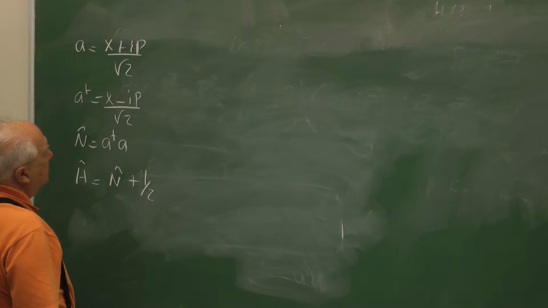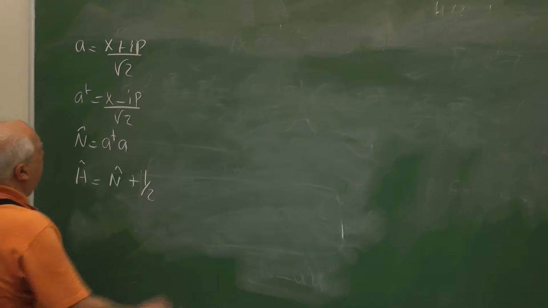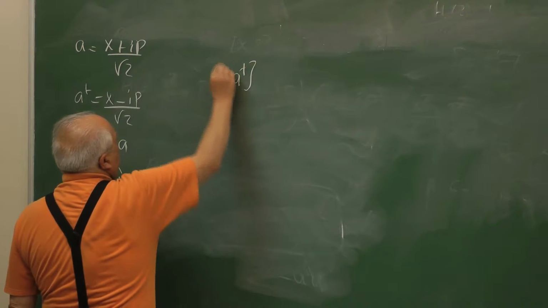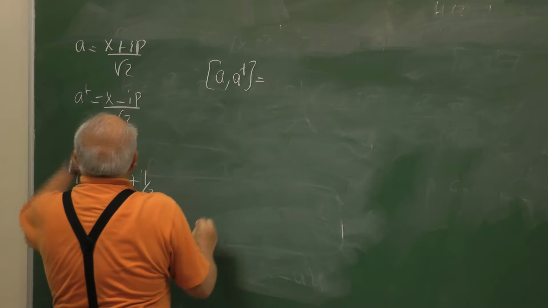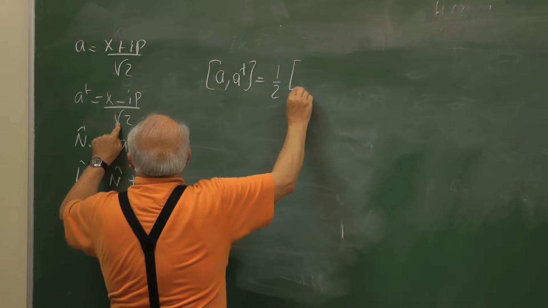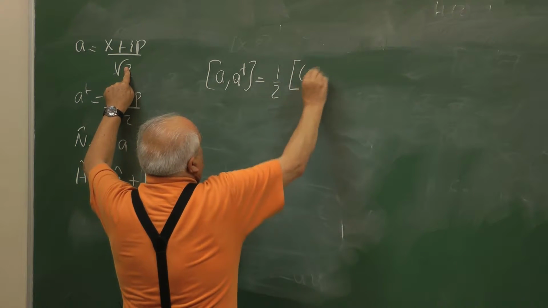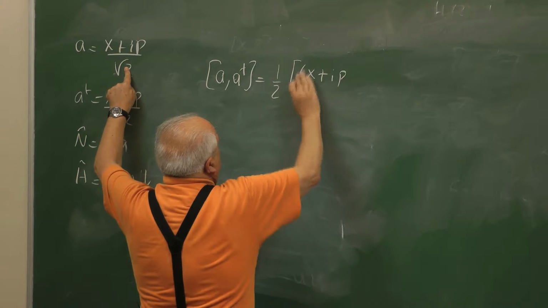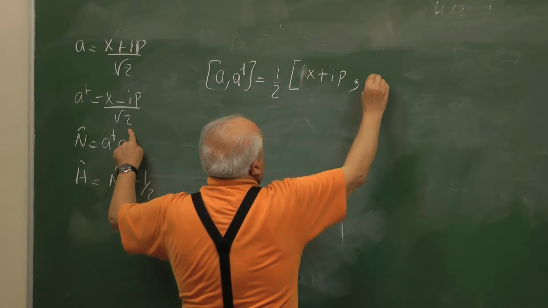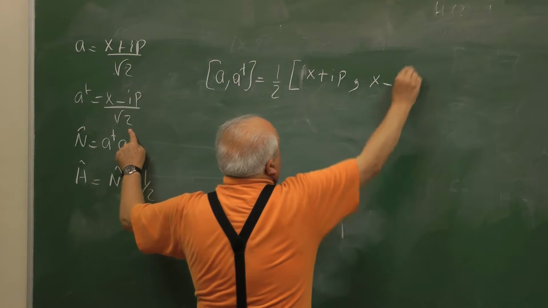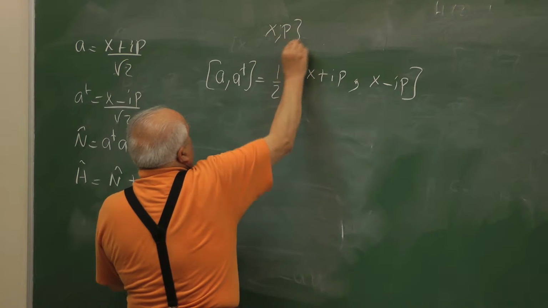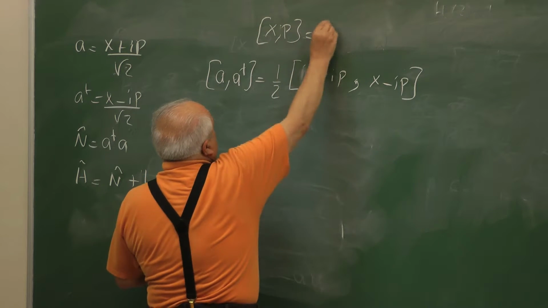Now let us look at the commutation relations of a and a dagger. The commutator [a, a†] is equal to 1/2 times [x plus ip, x minus ip], and we remember [x, p] is equal to i.